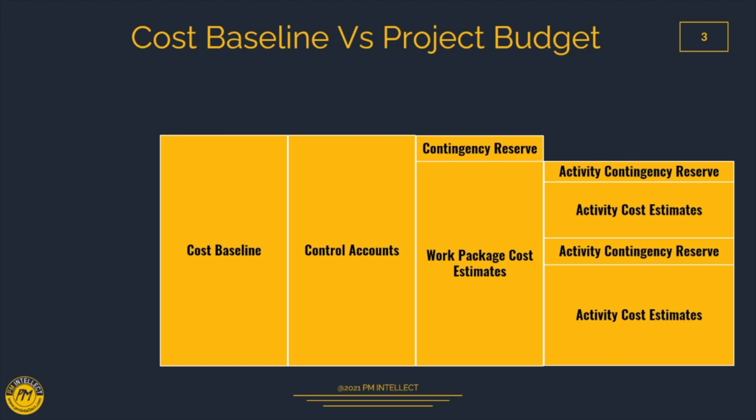One more point I'd like to cover about the contingency reserve: these are reserves which cover the known unknown issues. When I say known unknown, that means based on our previous experience, our estimation or our brainstorming, we have identified that there can be some issues when we deliver a particular work package or activity, but we do not know when they are going to happen.